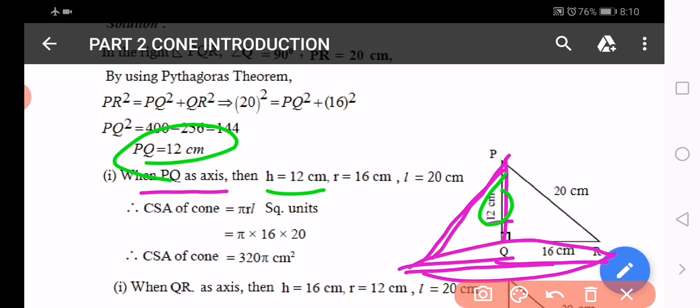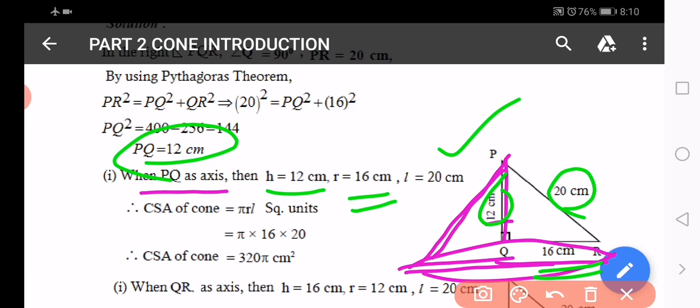Then the radius of the base is 16 centimeter, and slant height l is PR equal to 20 centimeter. So PR is not changed in any way.